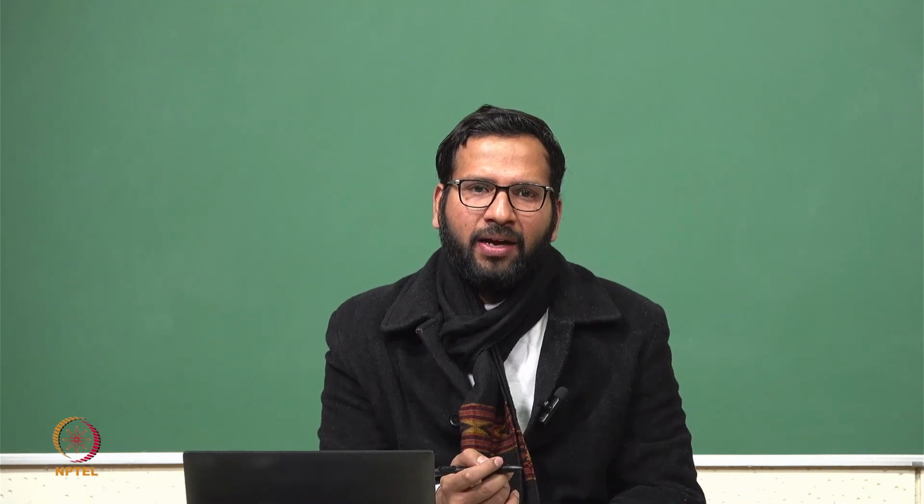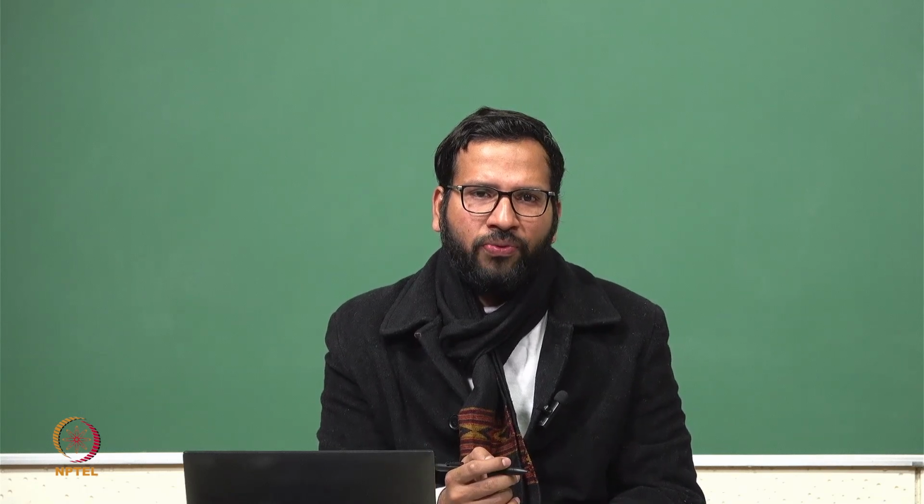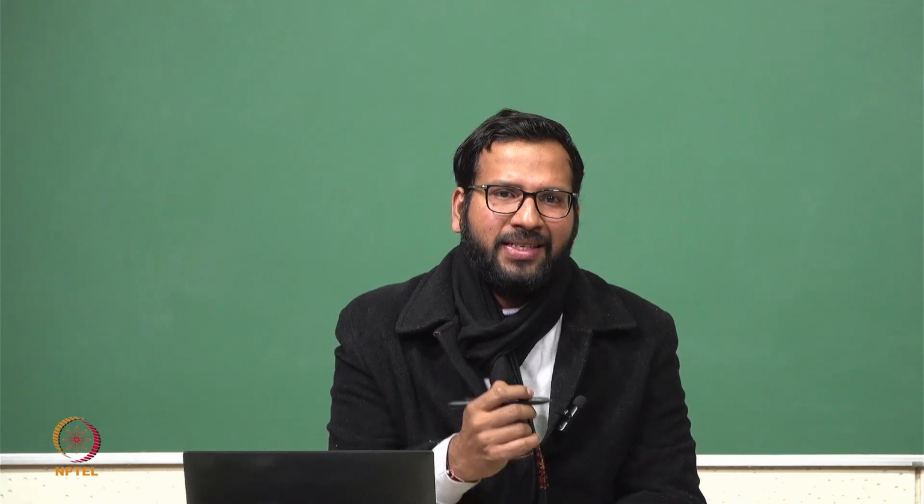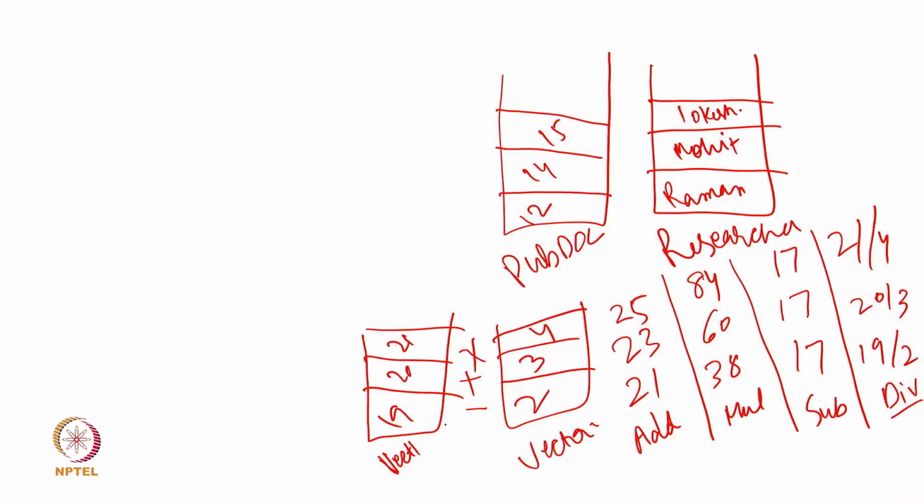During the analysis, many times we have to access particular values of a vector. To access a particular value of that vector, we must know where that value is located. In R, the indexing system of a vector starts from 1. So this particular value 19 is at location 1, then this 20 is at the second location, and this is at the third location.